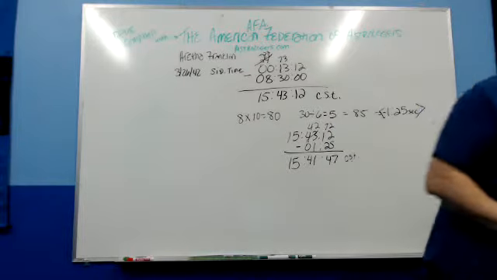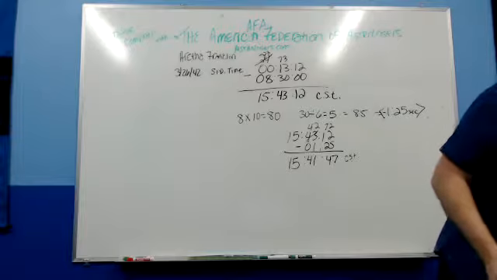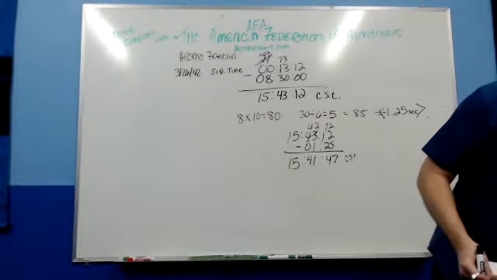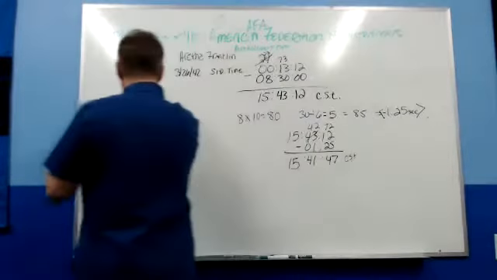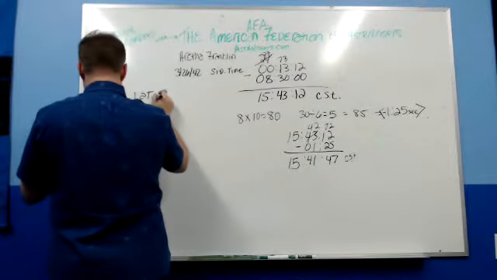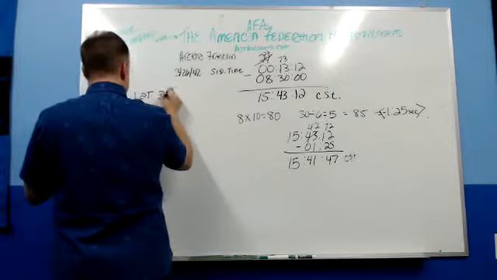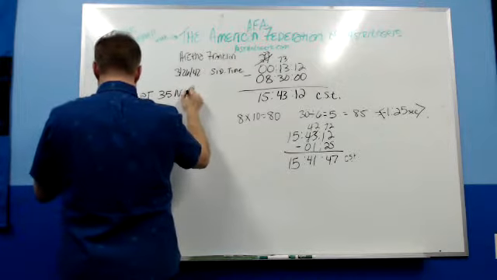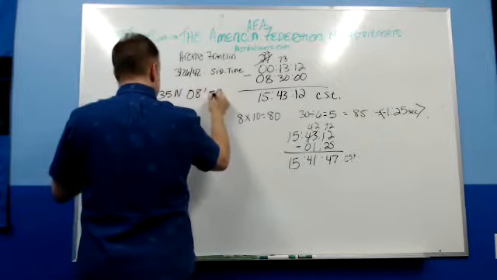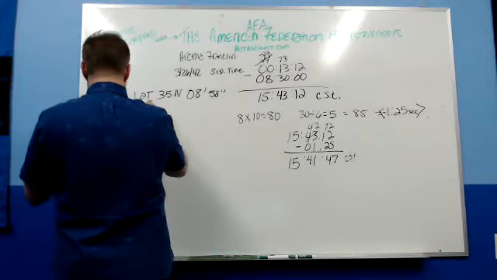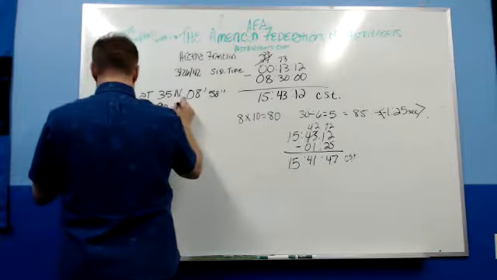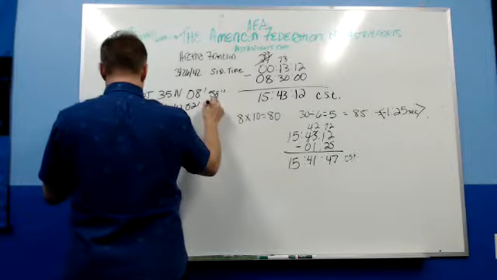So, for example, her latitude and longitude for Memphis is 35 degrees north, 08 and 58 minutes, and longitude is 90 west, 02, 56.